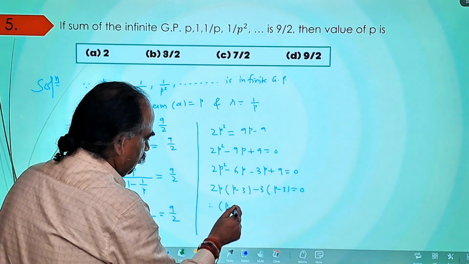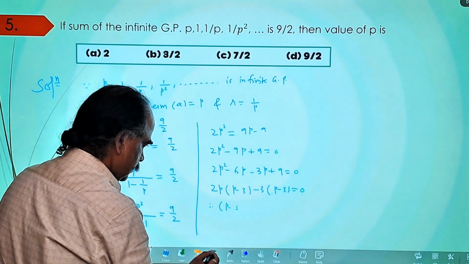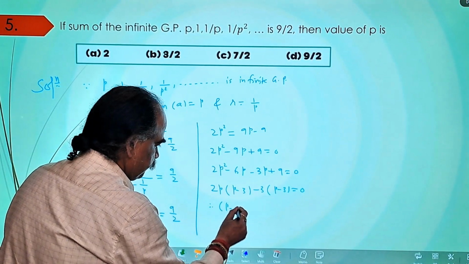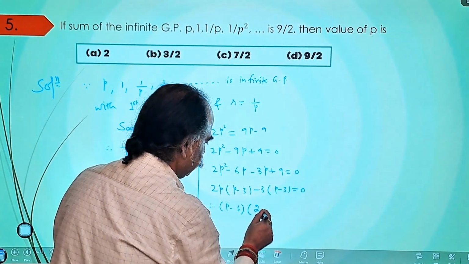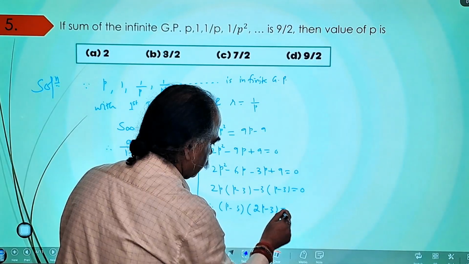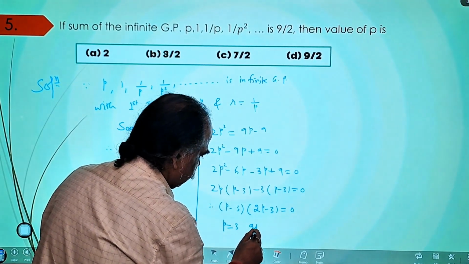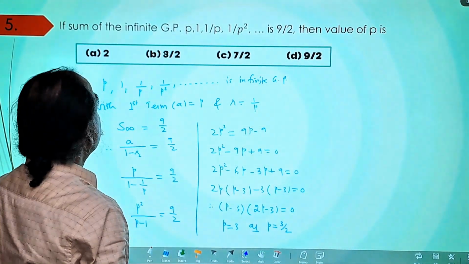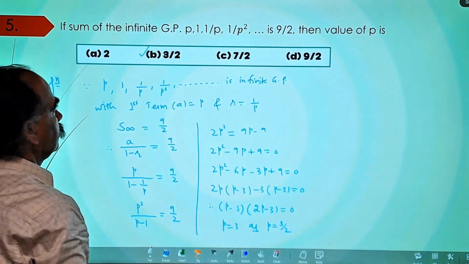P minus 3 common, you'll get 2p minus 3. So p is 3 or p is 3 by 2. It is B.